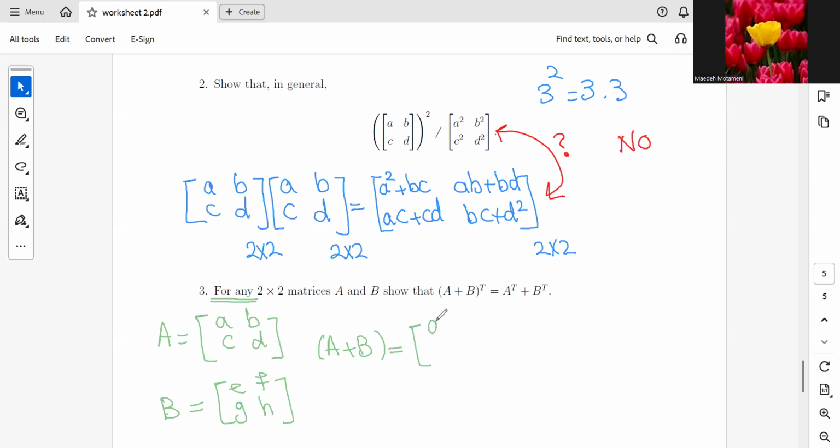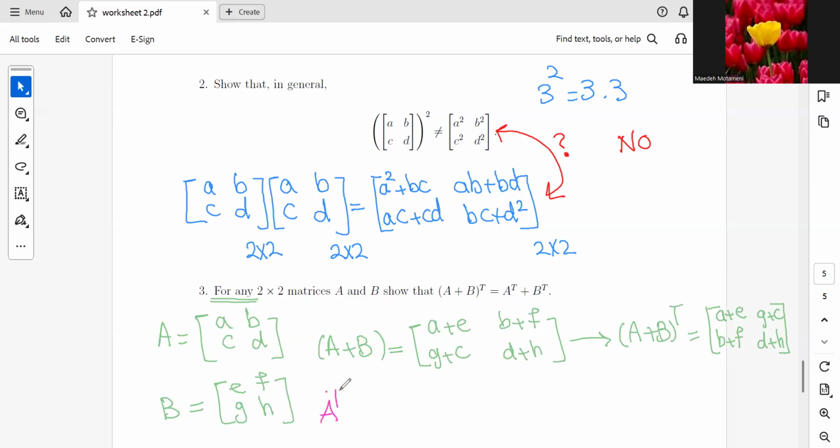And this will be A plus E, B plus F, G plus C, and D plus H. And from this, we can find A plus B transpose, which will be of the size 2 by 2, but this time it is A plus E, B plus F, G plus C, and D plus H. The right side is A transpose, which will be A, B, C, D, and B transpose, which will be E, F, G, H. What if we add them together?